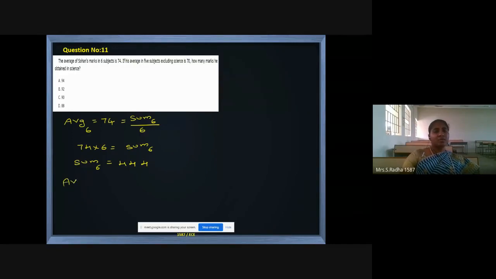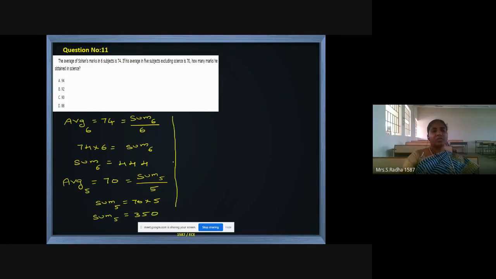Now the average of 5 subjects, removing science, is 70. If you read the second sentence, the average in 5 subjects excluding science is 70, which is the sum of 5 subject marks divided by 5. So the sum of 5 subject marks is 70 into 5, which equals 350. The removed subject is science.